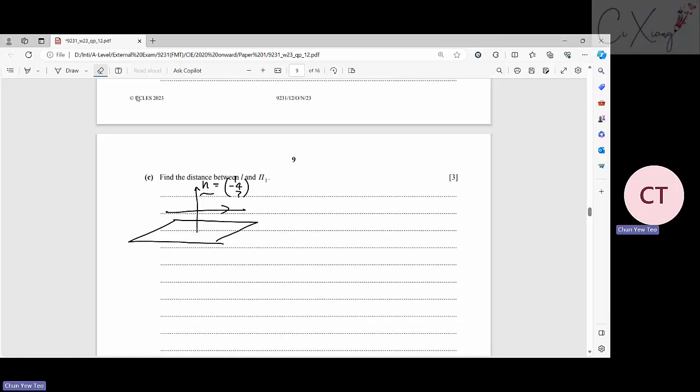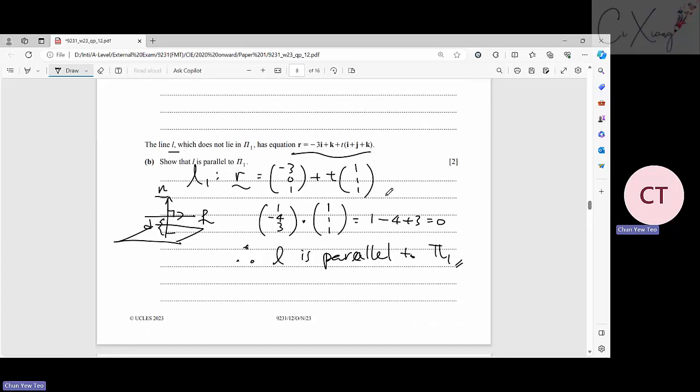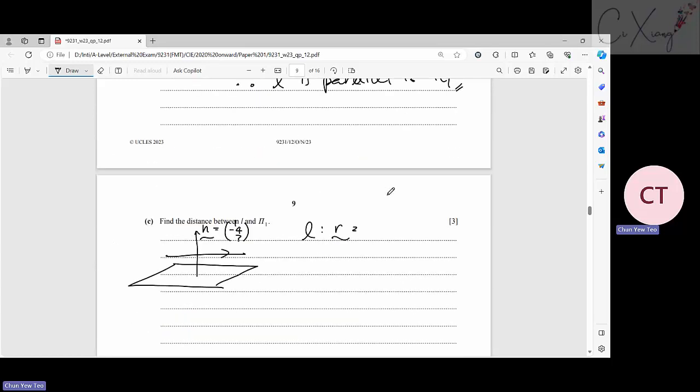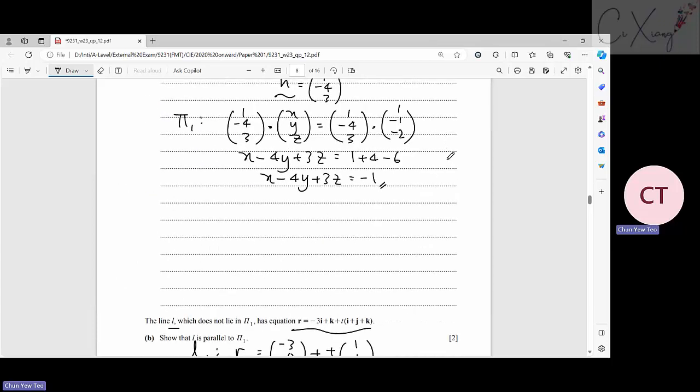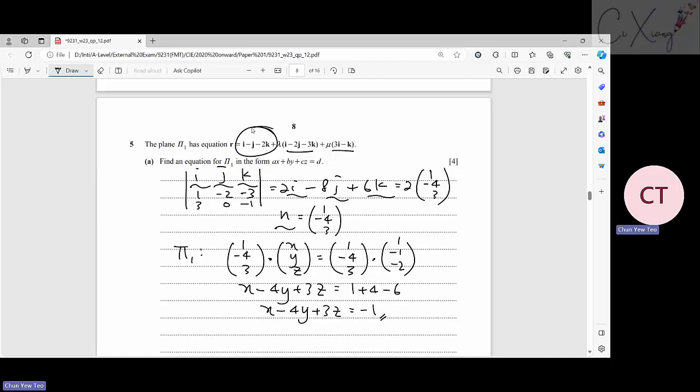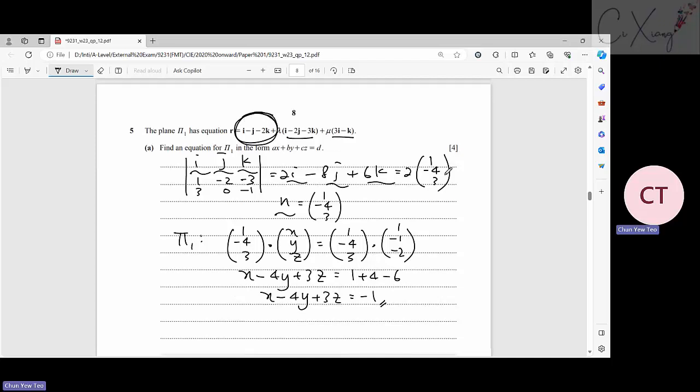We have a line L. Let me copy down L: negative 3, 0, 1 plus t of 1, 1, 1. So this line L has a point negative 3, 0, 1. And the plane pi 1 has a point 1, negative 1, negative 2.